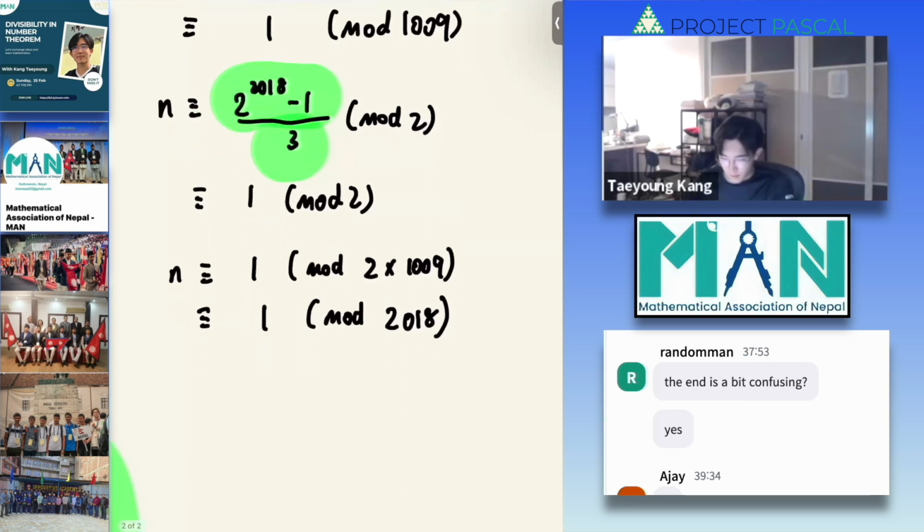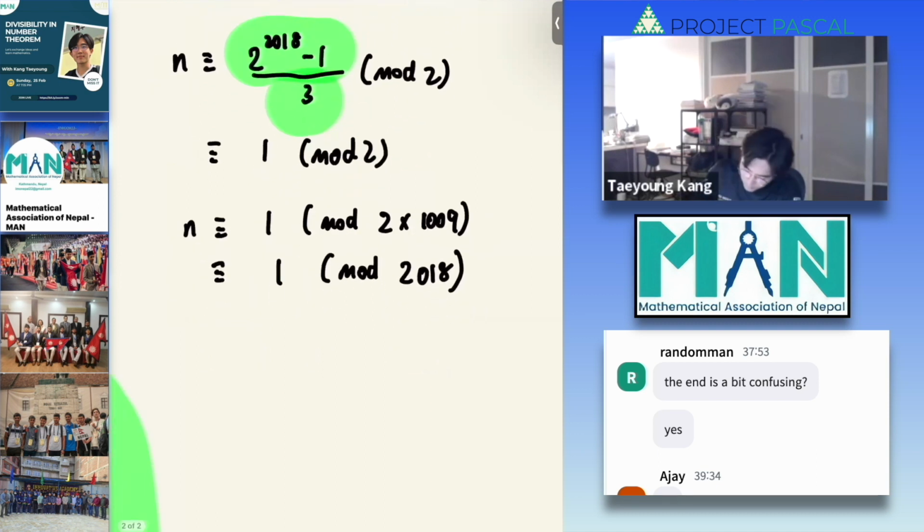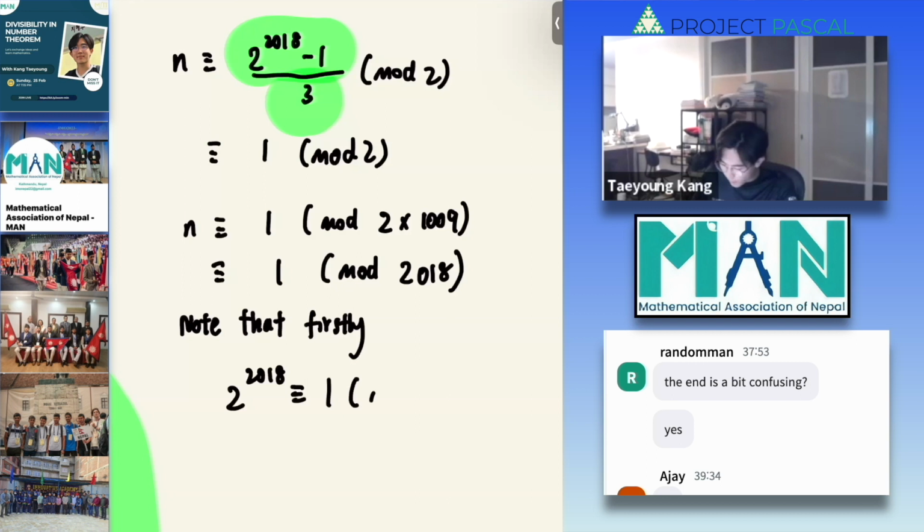It's that we notice, firstly, 2 to the power of 2018 is congruent to 1 mod n. Do you guys agree with this?